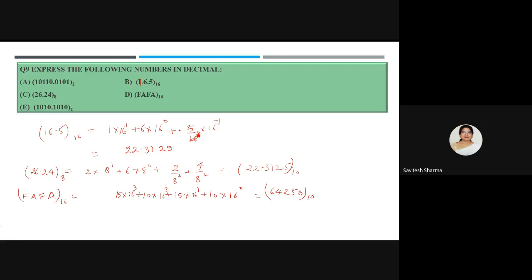Last is... In the exam, please don't skip the terms that contain 0. Please write a full expansion. Don't try to skip the 0 term.